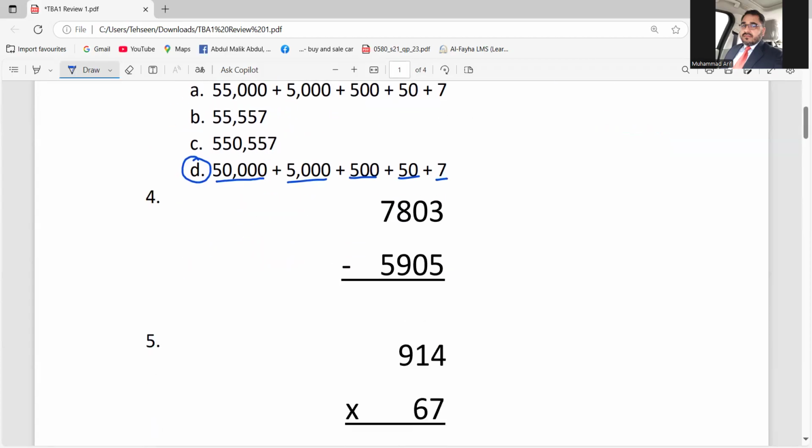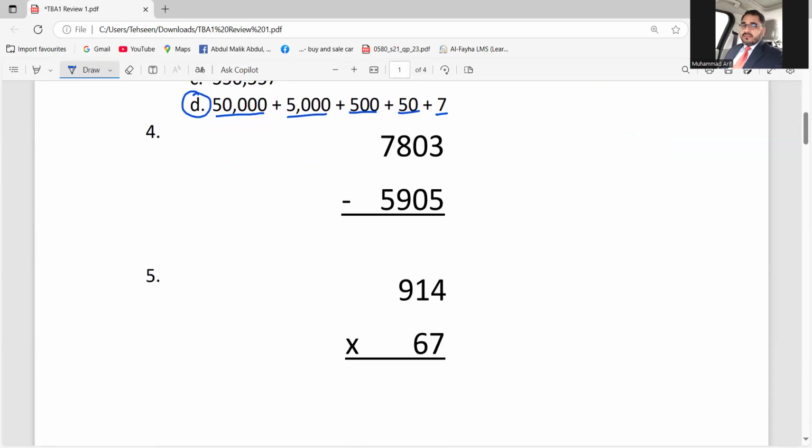Question number 4 is, we need to subtract here, minus. To subtract, the number up here must be bigger than the number down. Okay, as here the digit is 3. 3 is smaller than 5.